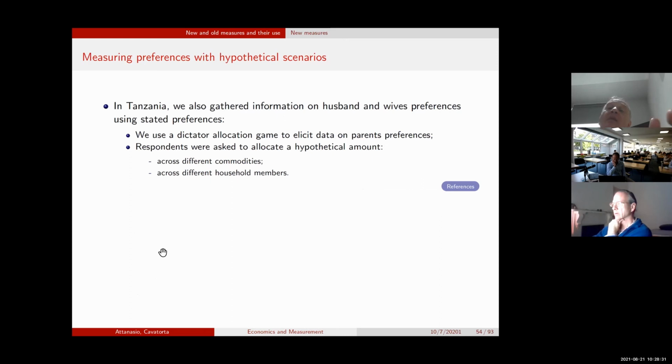And then we did these preferences with hypothetical scenarios. So the way we do this, we say, okay, this is a certain amount of money. We have these stones that represent this money, and you can allocate them. How would you allocate it across different commodities and across different household members? So we have 6 commodities and 3 household members: the subject, the spouse, who is the wife or the husband depending on who's the respondent, and the child.